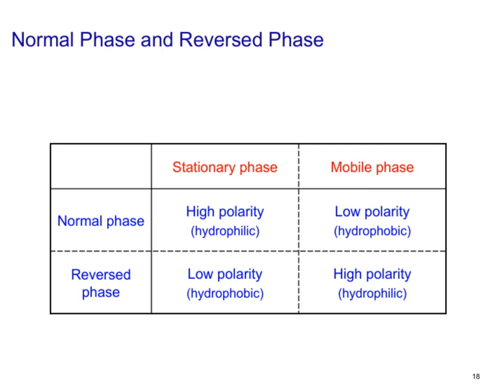What's important to note here is that these two modes are essentially mirror images in terms of their polarity interactions. Understanding this helps us choose the right method depending on whether our target analyte is polar or nonpolar. This fundamental difference in phase polarity directly influences how compounds are separated during chromatography, which is key to optimizing our analytical methods across various applications.